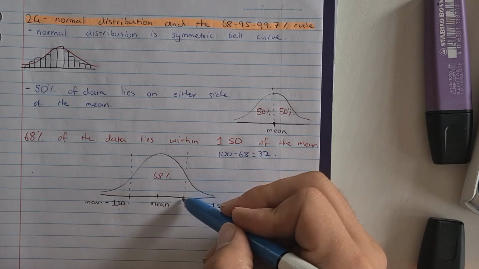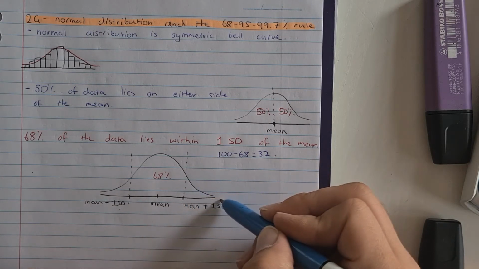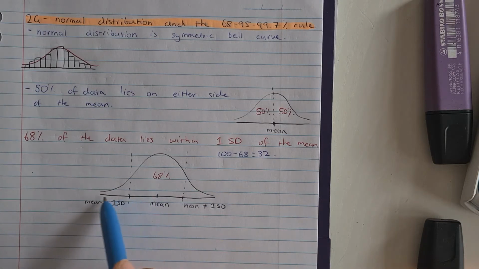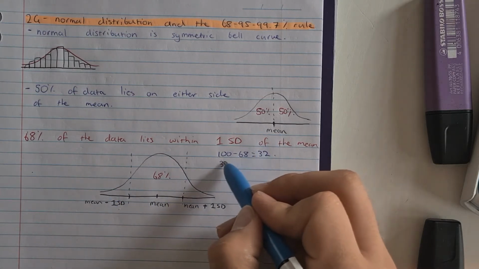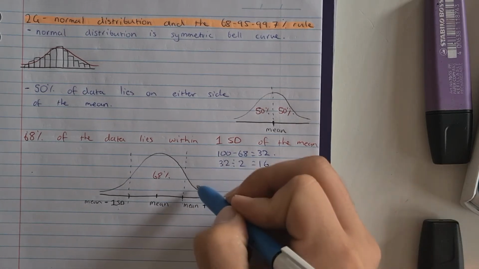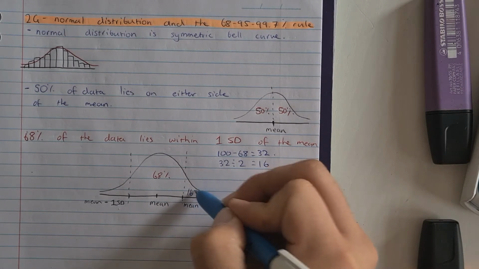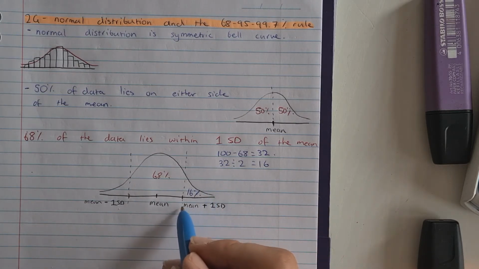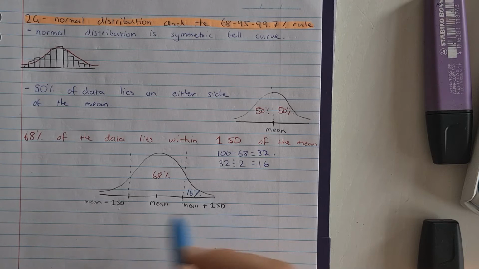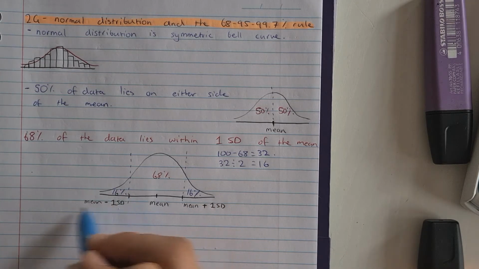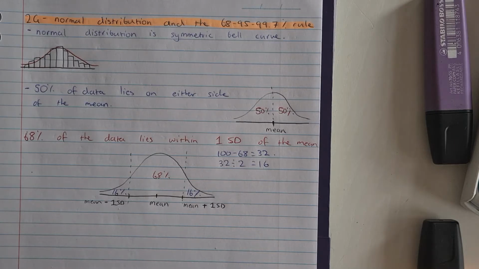So all the data that lies on this side will be half of 32, and all the data that lies on this side will be half of 32. And half of 32 is 16. So we can conclude that 16% of the data lies above the mean plus 1 standard deviation, and 16% of the data lies below the mean minus 1 standard deviation.